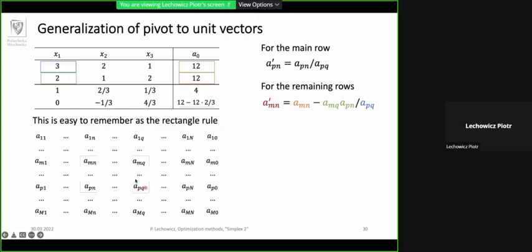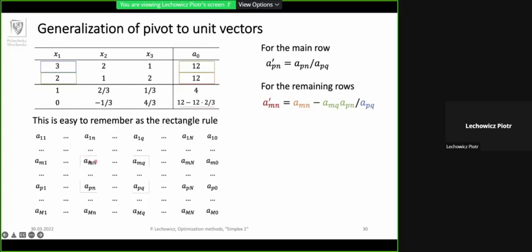So if we have a selected element APQ and want to make a pivot on this element, we need to apply subtraction and multiplication of this row on another element. For example, we want to evaluate what value should be in element AMN.